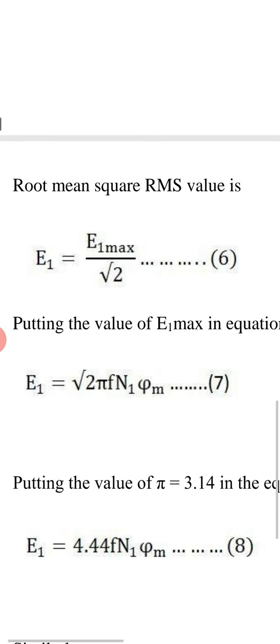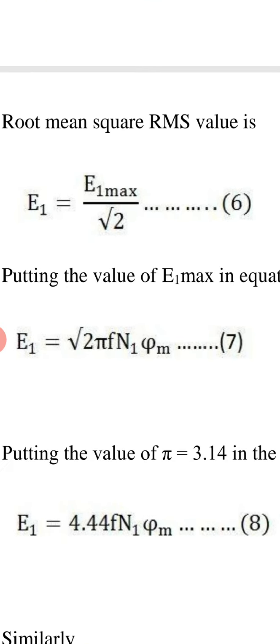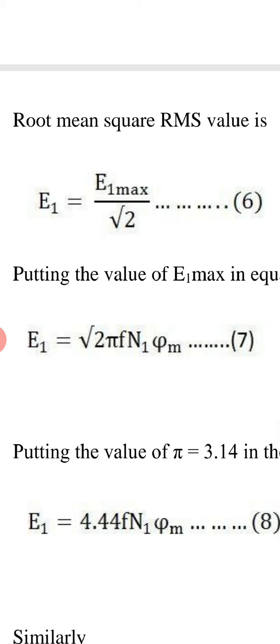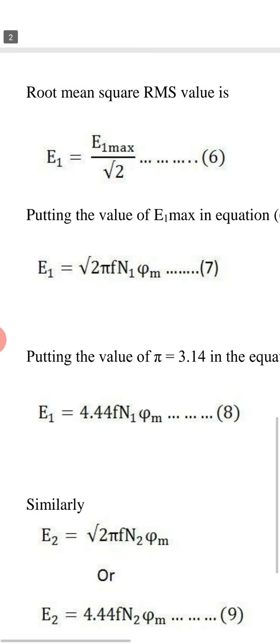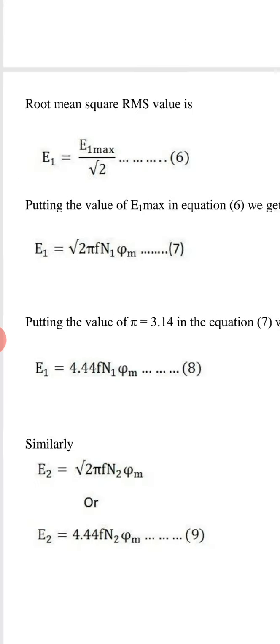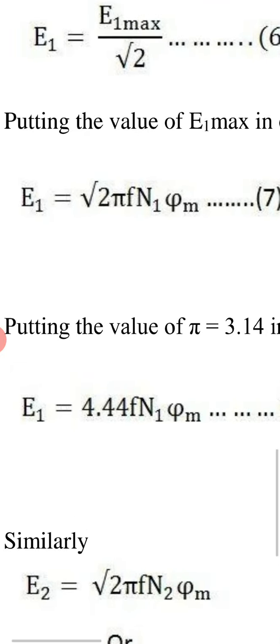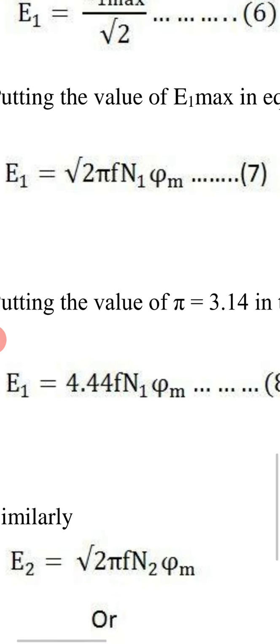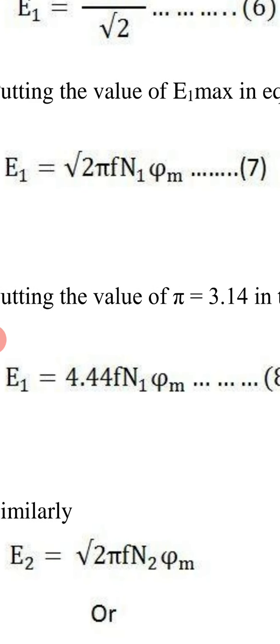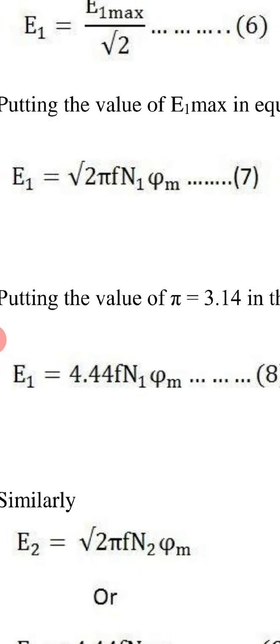Now if we go to find out the RMS value, the root mean square value of the induced EMF, it is E1 is equal to the maximum value of the induced EMF divided by root 2. So we get equation number 7 by putting the value of maximum induced EMF in equation number 6, which is E1 is equal to 2 pi by root 2 f N1 phi m.